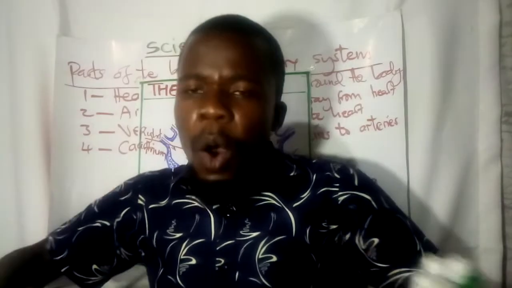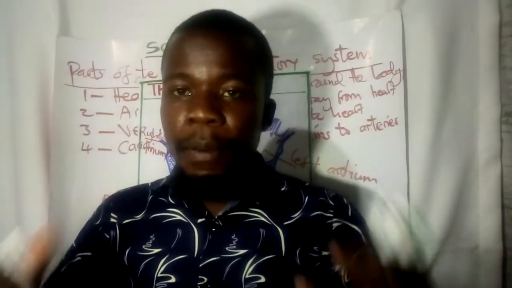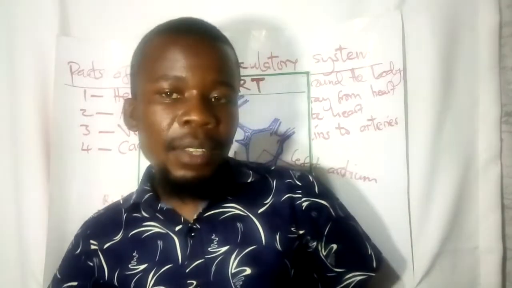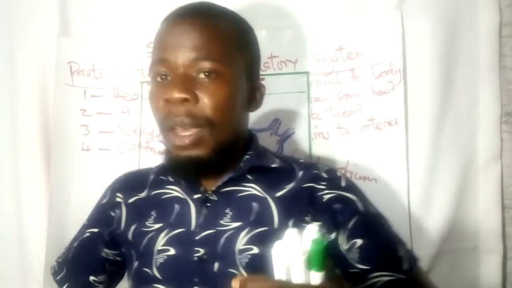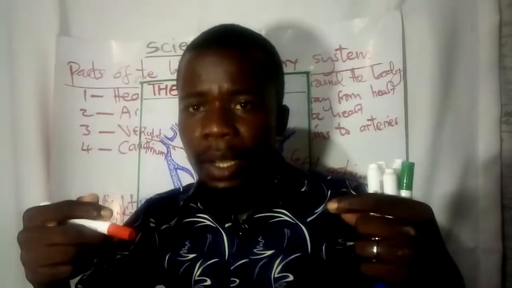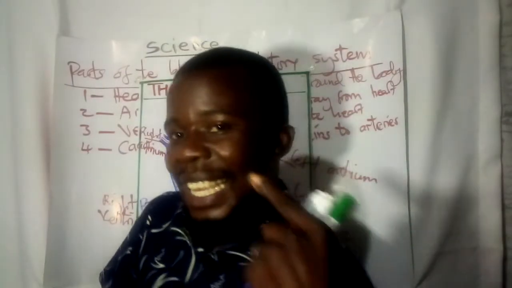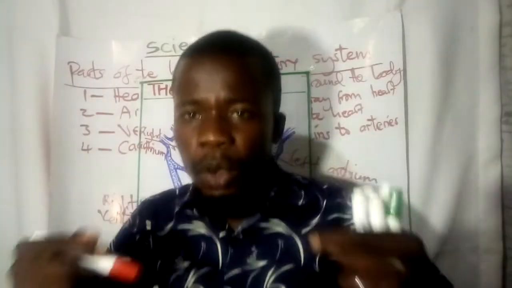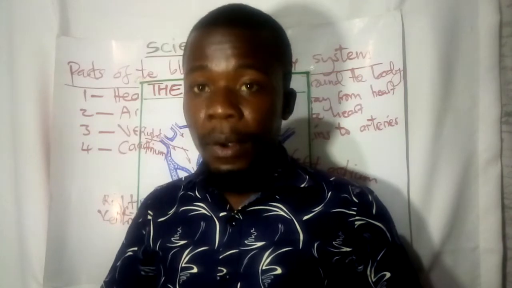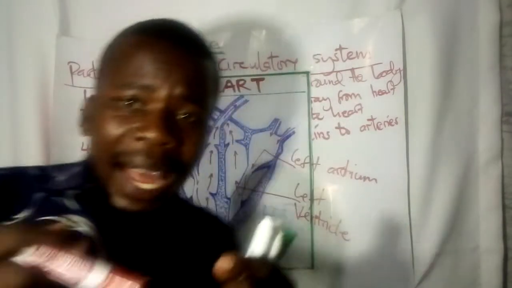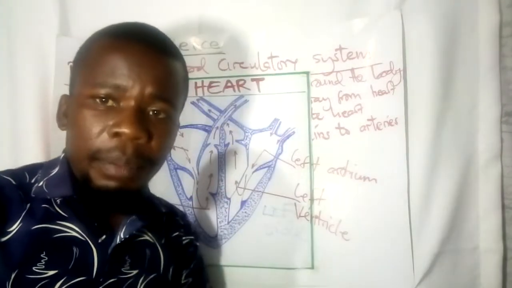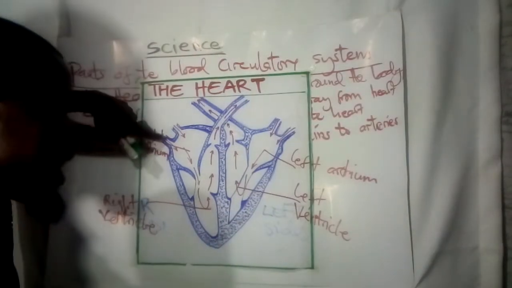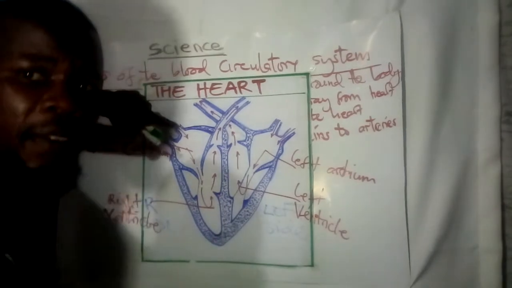Blood from all parts of your body, from the head, from the hands, from the stomach, from the legs, from the buttocks, enters the heart through the posterior and the anterior vena cava.